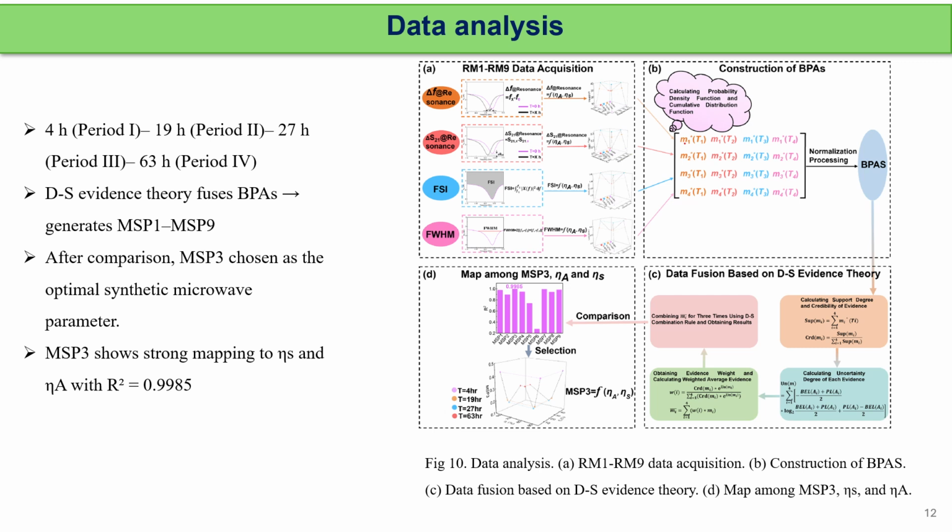After comparison, MSP3 was selected as the optimal synthetic parameter. Its relationship with survival and apoptosis is very strong, again with R square equal to 0.9985. This confirms MSP3 is highly reliable for assessing yeast viability from microwave data.